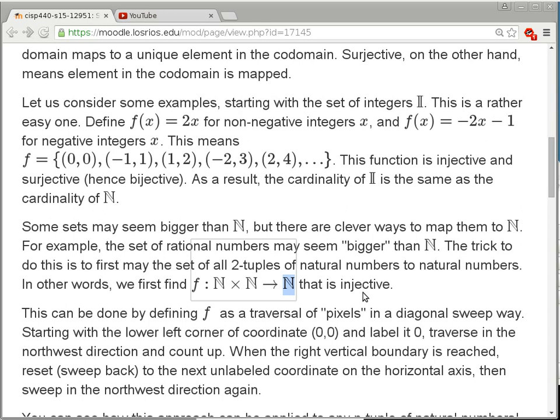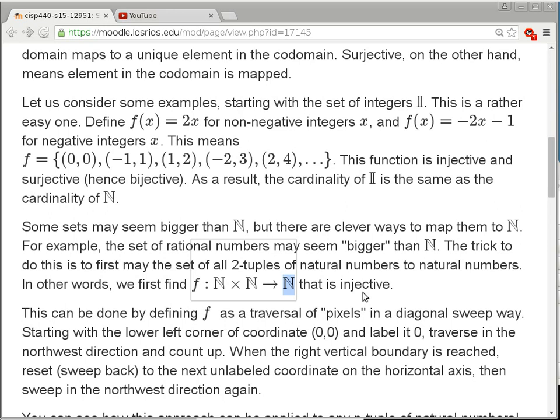Is that working out okay so far? Okay. If you want to, you can fill this in a little bit more. We got 10, 11, 12, 13, 14, and so on. So are there any questions about this particular way of mapping a two-tuple of natural numbers to just one single natural number?